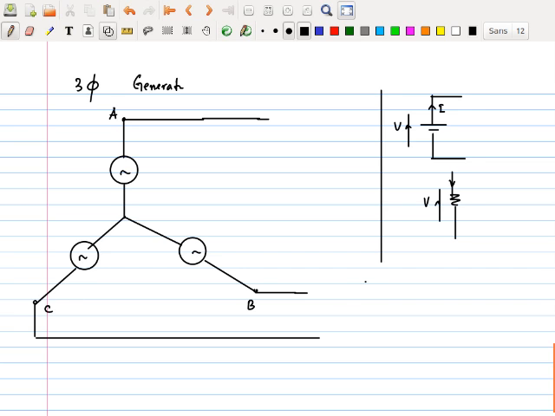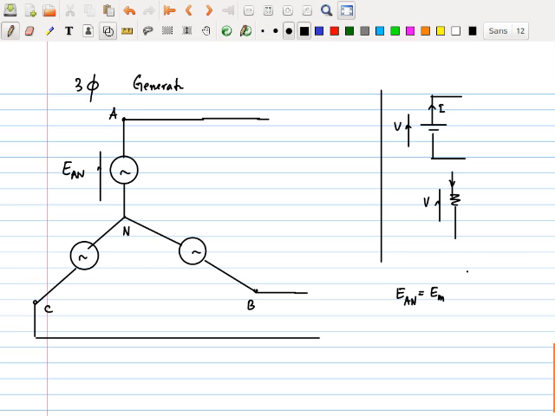And then we also said that we will only talk about balanced 3-phase systems, which means all of these will have the same amplitude. So we said there was an equation for EAN, the voltage, which was taken as the reference. So we said that there was an E maximum.